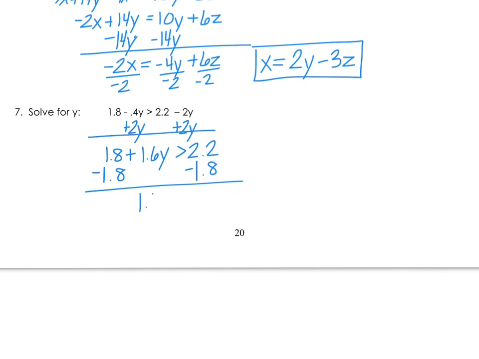So I have 1.6y on my left is greater than 4/10 on my right. And then I'm going to divide by 1 and 6/10. And I end up with an answer. Y is greater than 25/100. You could put that as a fraction if you would like to by hitting math and then frac, or you can leave it as y is greater than 25/100.